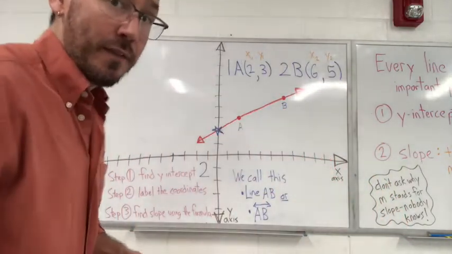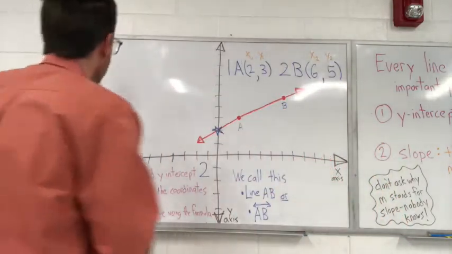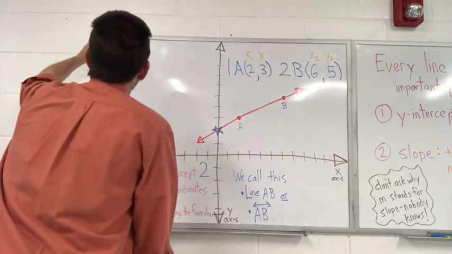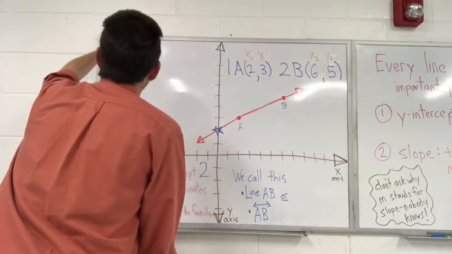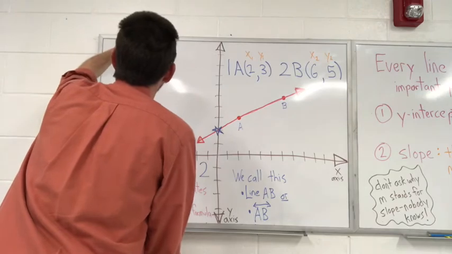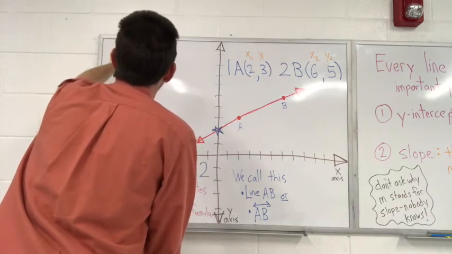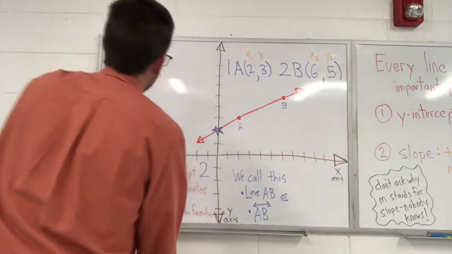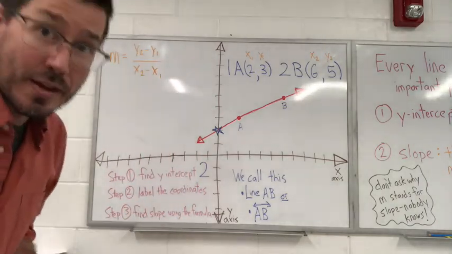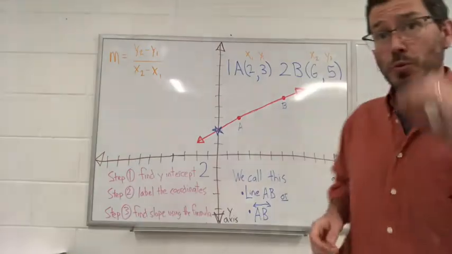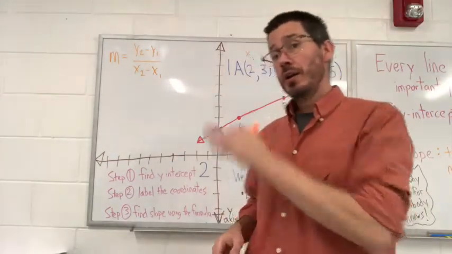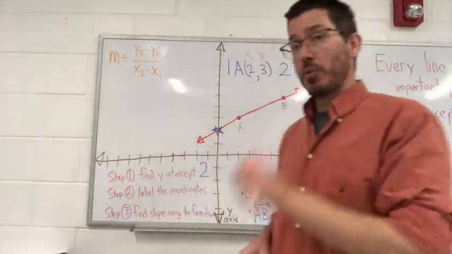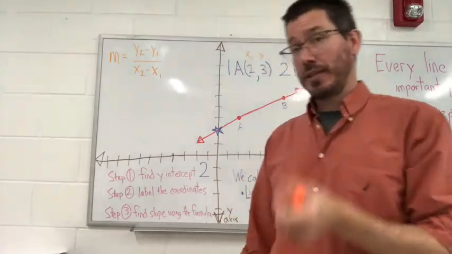Here is the formula. It's the same formula every time. M, slope, equals y2 minus y1 over x2 minus x1. It is the same formula every time you find slope.